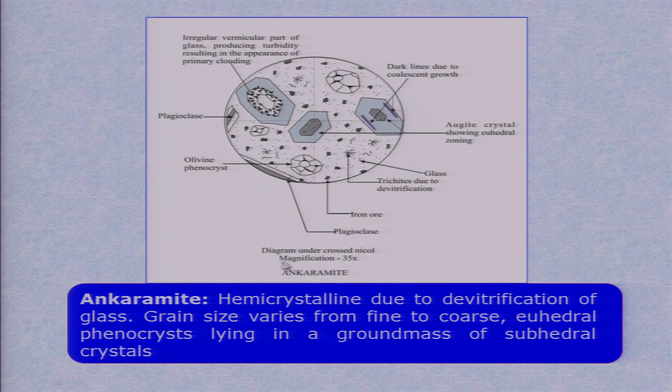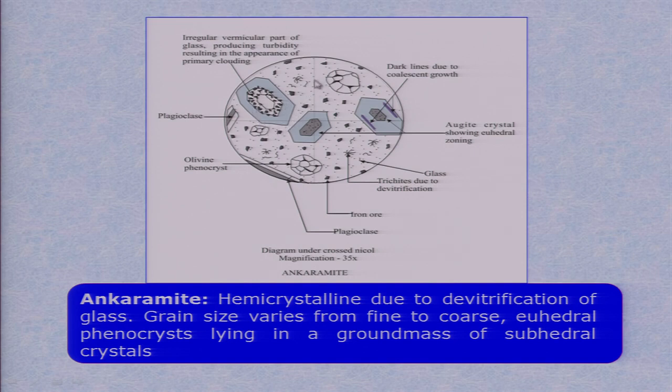Here I am citing an example of ankaramite. Ankaramite is a variety of igneous rock which is hemicrystalline, due to devitrification of glass. Grain size varies from fine to coarse, with euhedral phenocrysts lying in a groundmass of subhedral crystals. These are all euhedral phenocrysts.